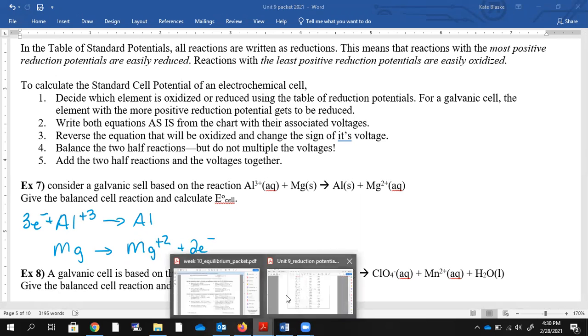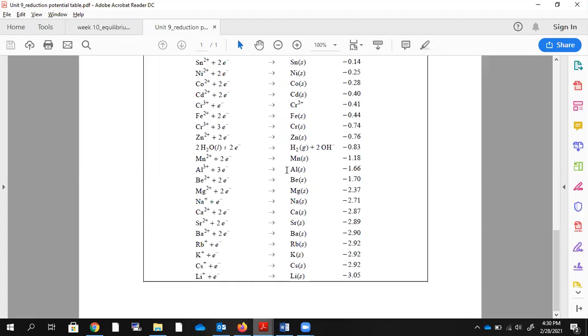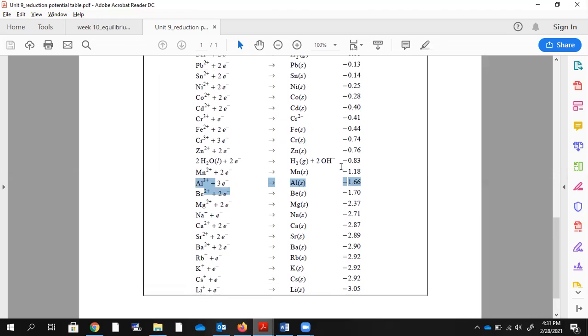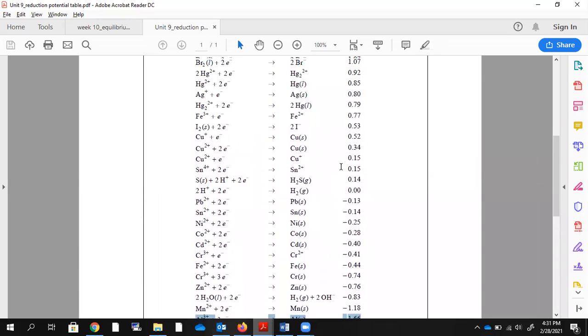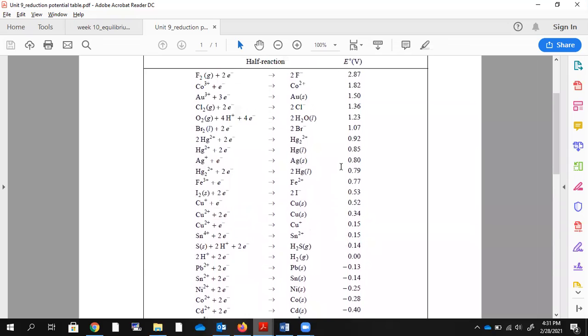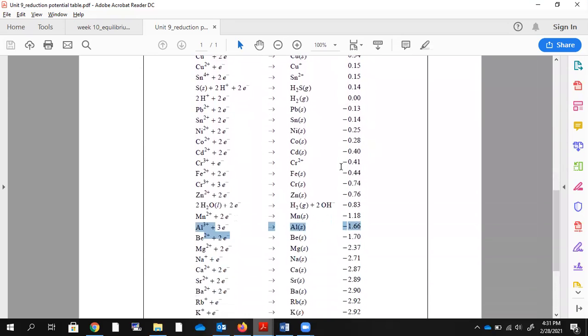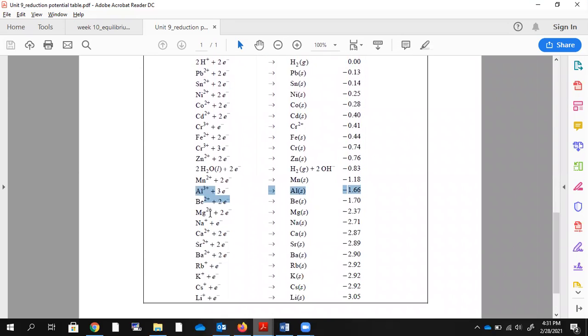Now I can go and find these reactions on my reduction potential chart. I've got aluminum. Hey, look, I'm already zoomed in on it. Aluminum +3 plus 3 electrons makes aluminum solid. As a reduction, that is -1.66. And then I've got magnesium. Where's my magnesium? Oh, right under it.